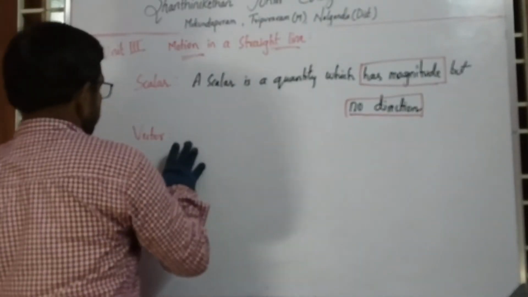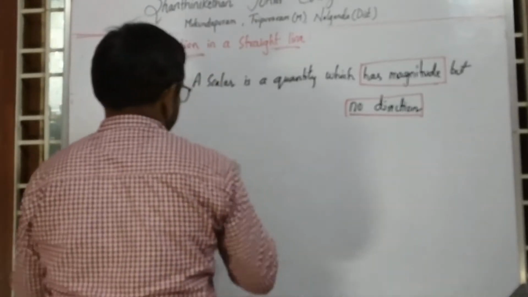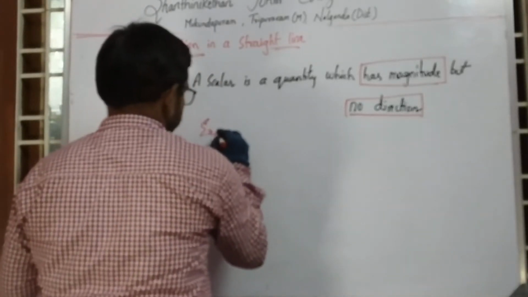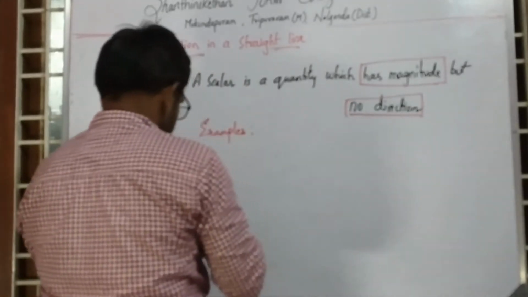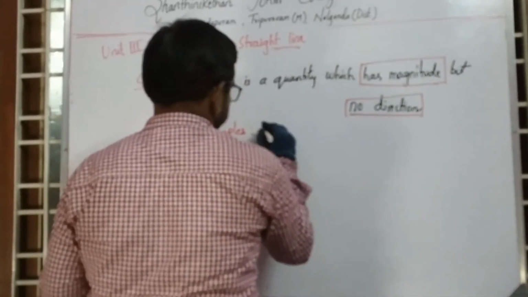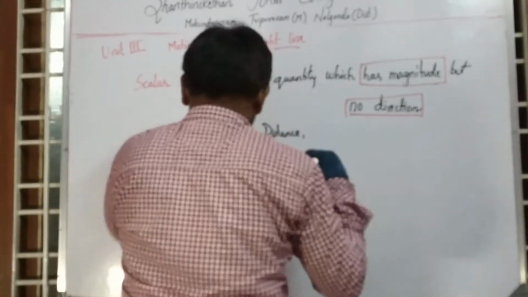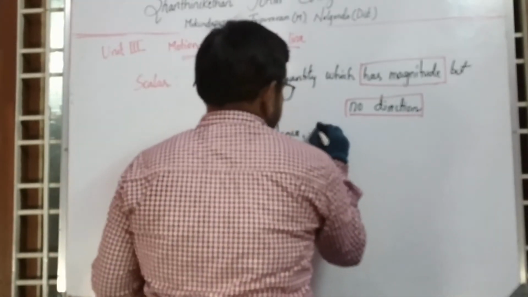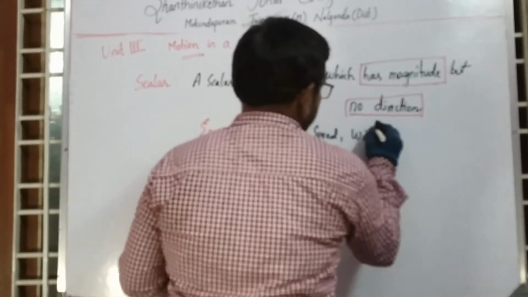I think I did not give examples for scalar. What are the scalar examples? Distance, then speed, then work done.